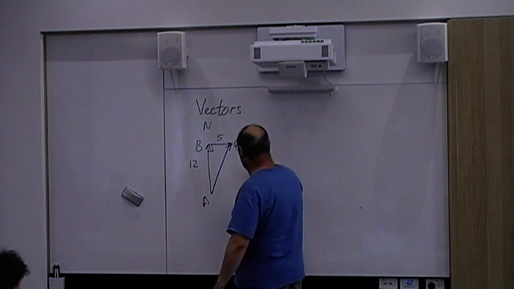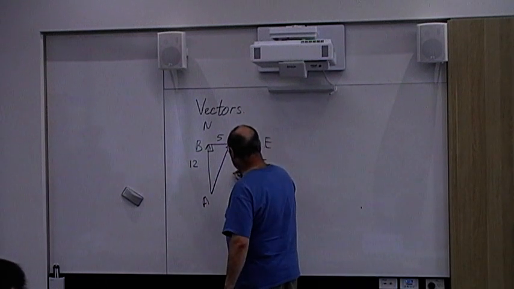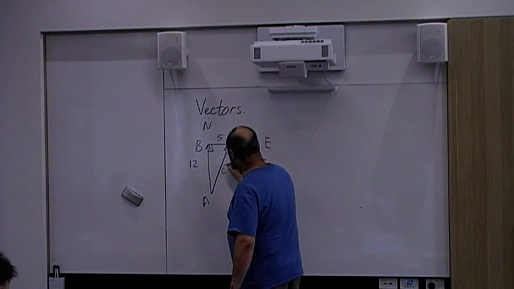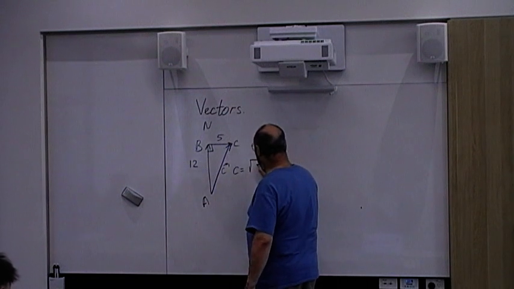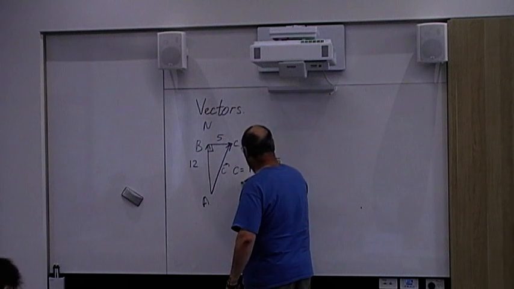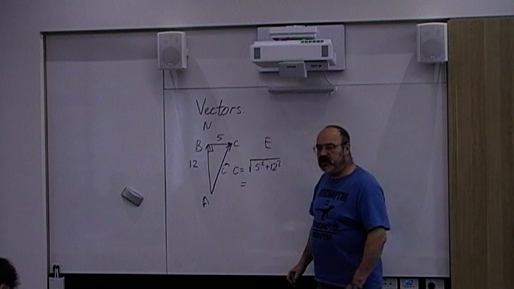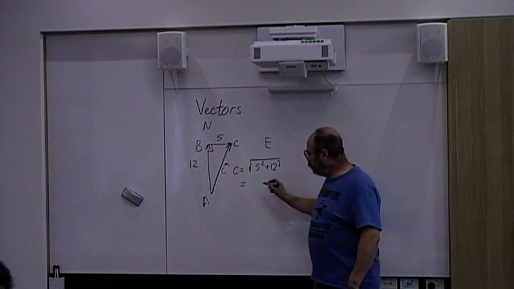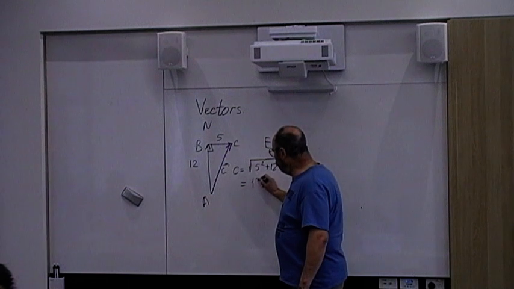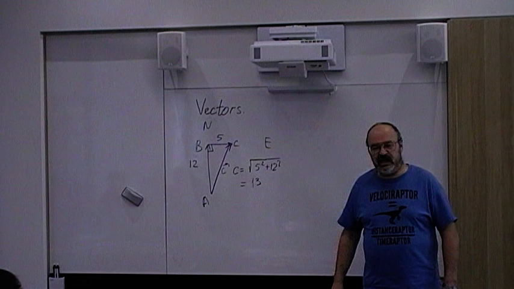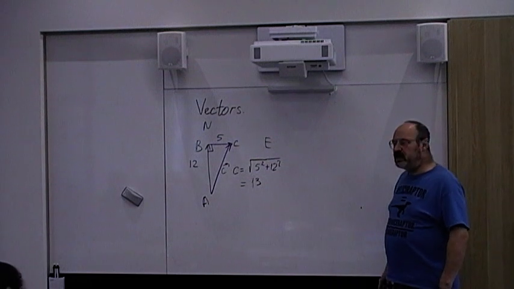So let's say that vector C, and the length will be equal to the square root of 5 squared plus 12 squared, and that is one of the Pythagorean triples that you should know: 5, 12, 13. So the displacement is 13 meters.